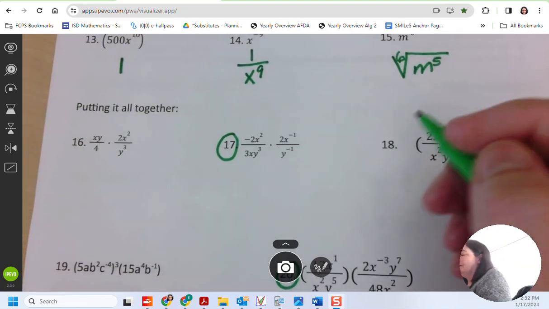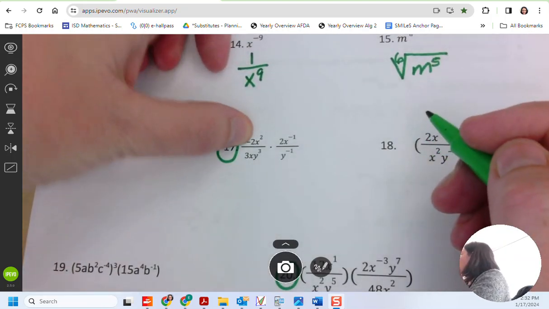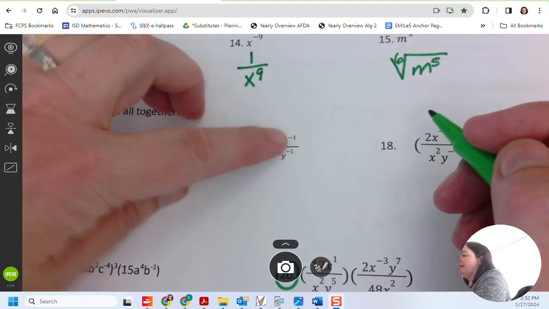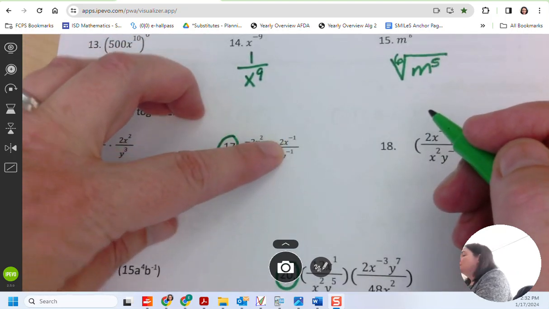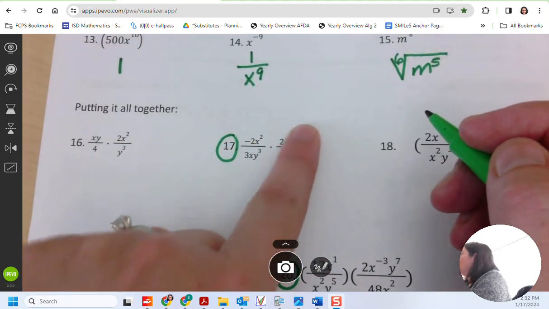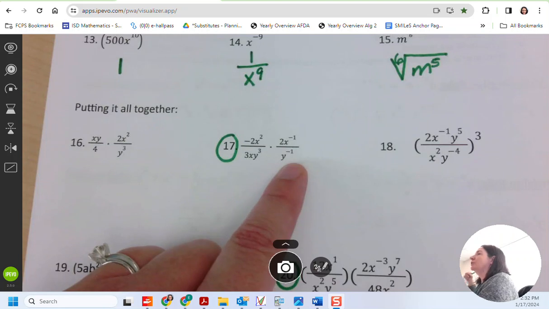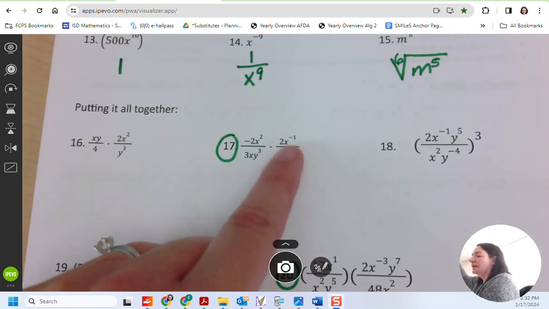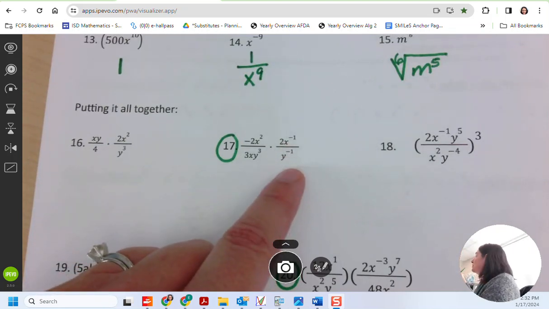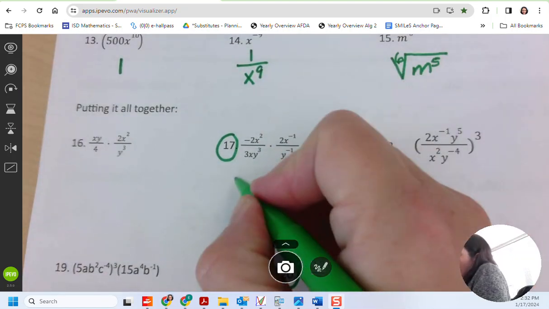All right, negative numbers are fine, no big deal, but negative exponents are not. So I like to first get rid of my negative exponents by taking their reciprocal. And when you have a fraction, a negative exponent in the denominator will go to the numerator, and a negative exponent in the numerator will go to the denominator. So this fraction is going to stay the same.